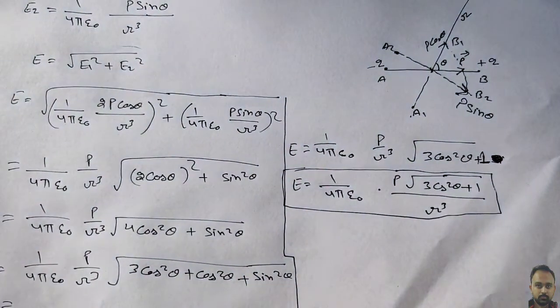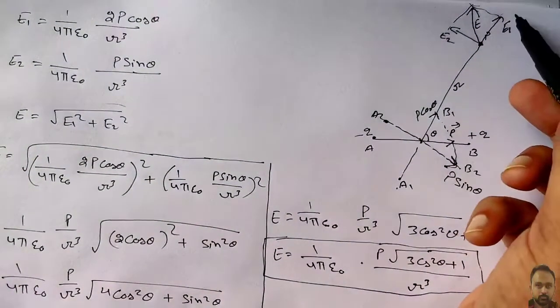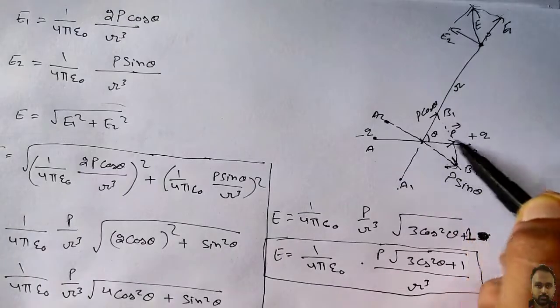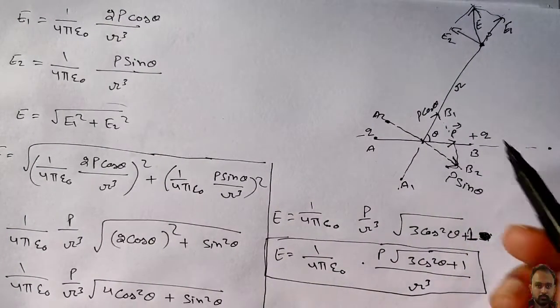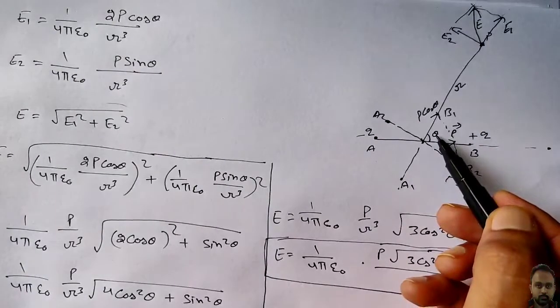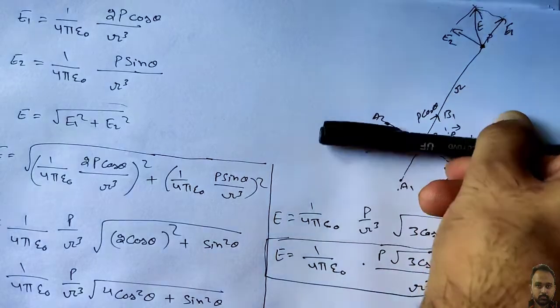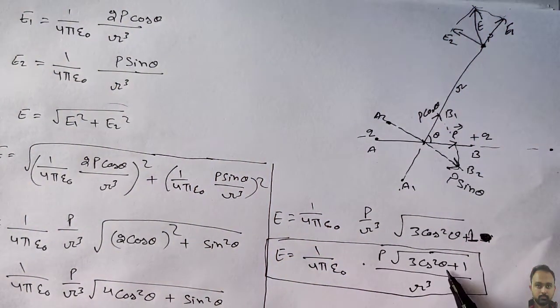How? हम इस रिजल्ट को चेक कर सकते हैं कि ये सही है या गलत है. Suppose if this point P lies on the axis of the original dipole AB, like if it lies at this point, then what about the theta? Theta will become 0 degree in that case. If we put here the 0 degree, the cos 0 is 1.